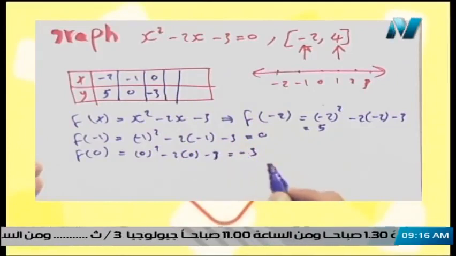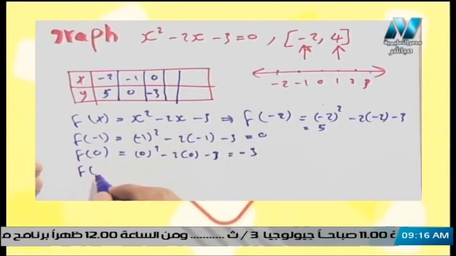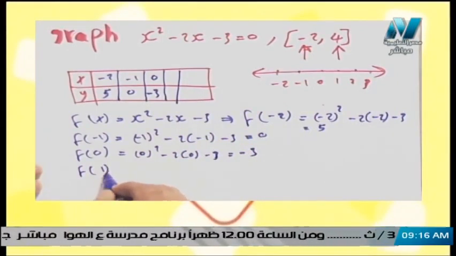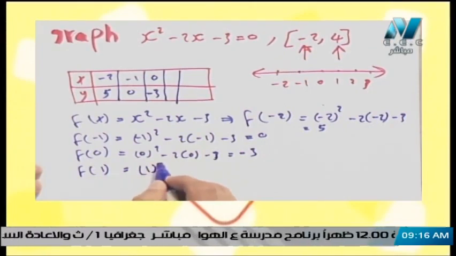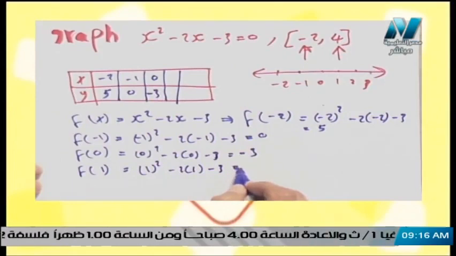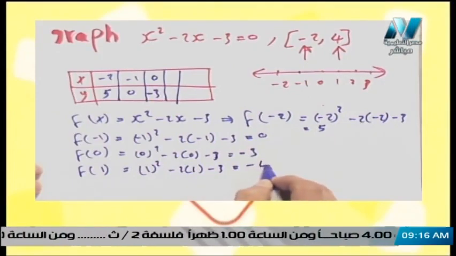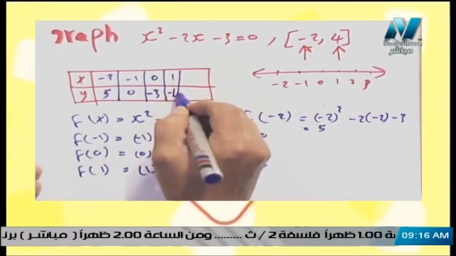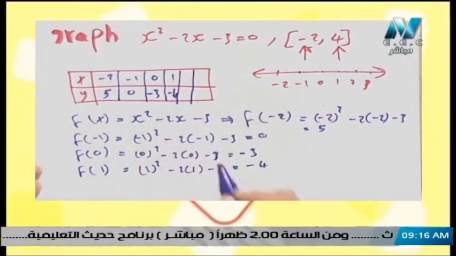And also, by substituting x by 1, it will be 1² − 2(1) − 3, and the answer equals −4.